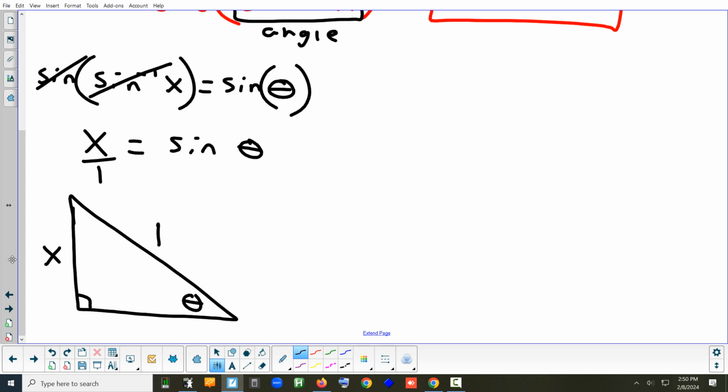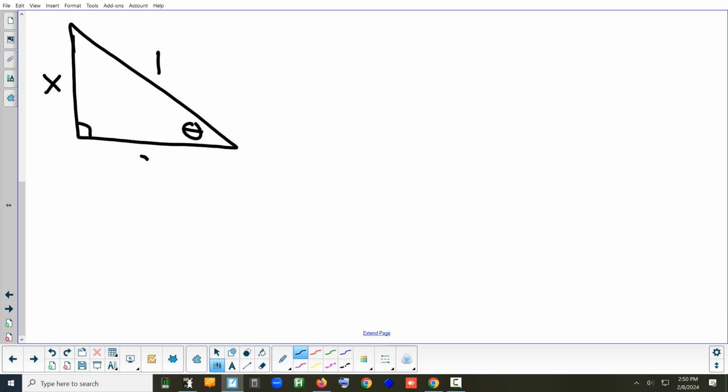Tangent is the opposite side over the adjacent side. We're looking for the cotangent, which is adjacent over opposite. So I need this side over x.